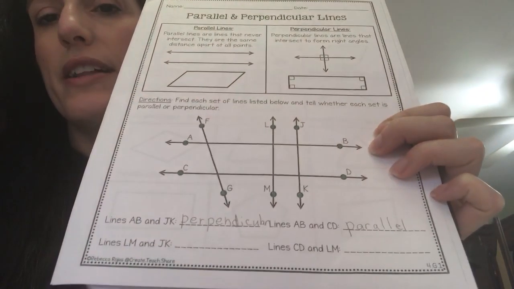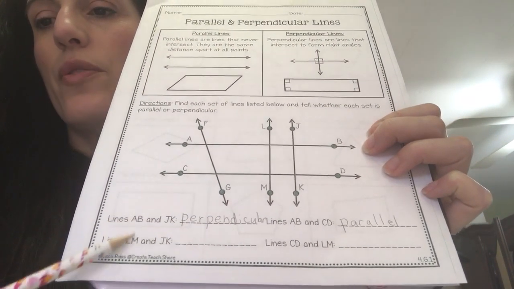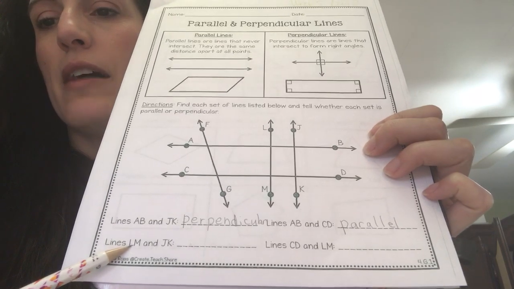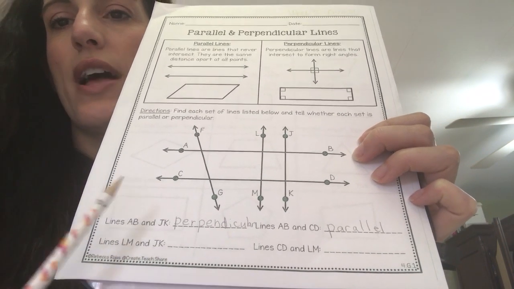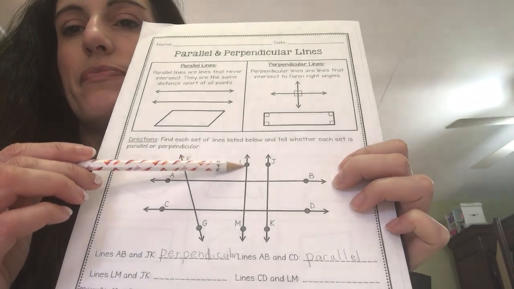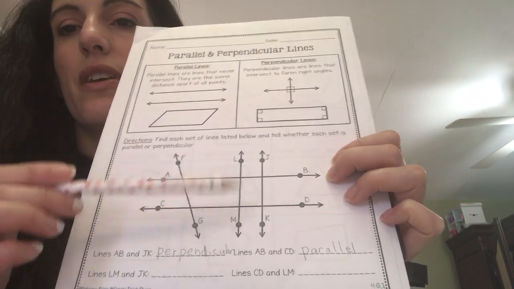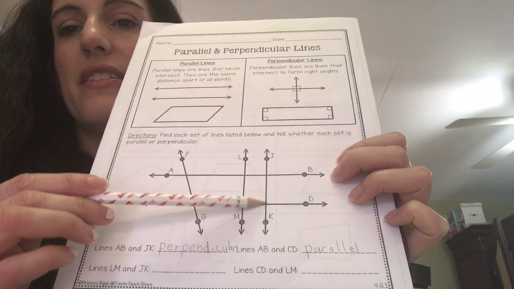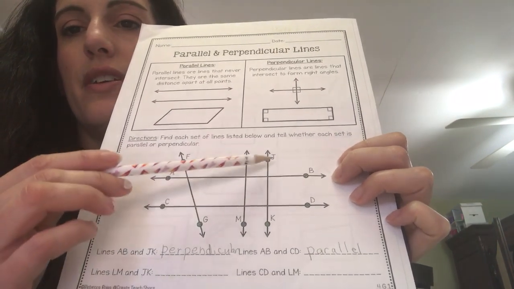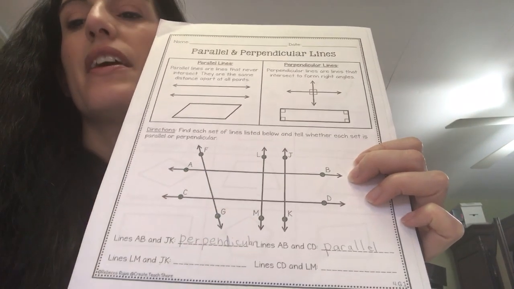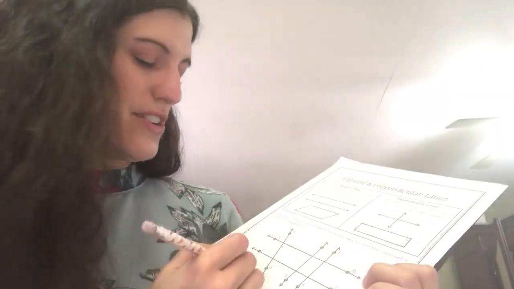Now we're going to look at lines L and M and J, K. What do you think? L, M, J, K. Parallel. Very good.